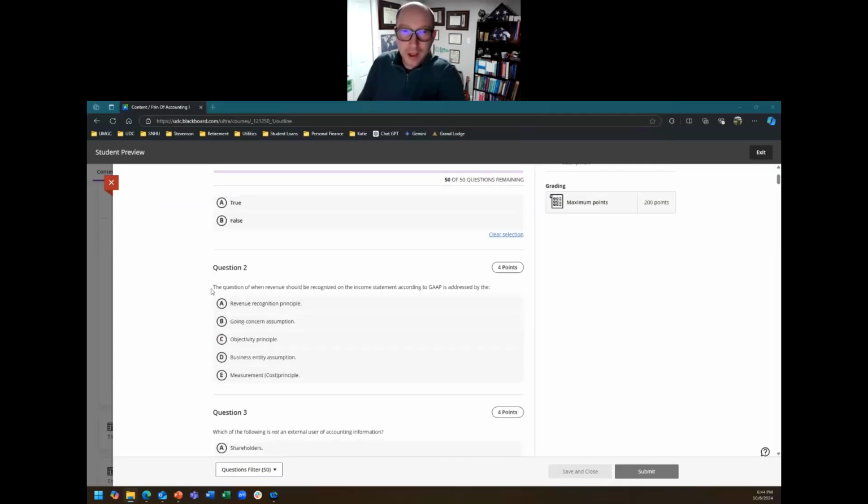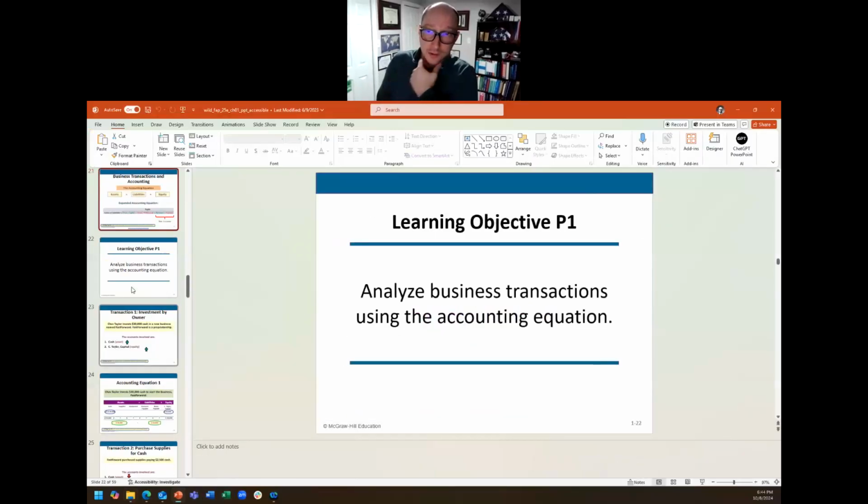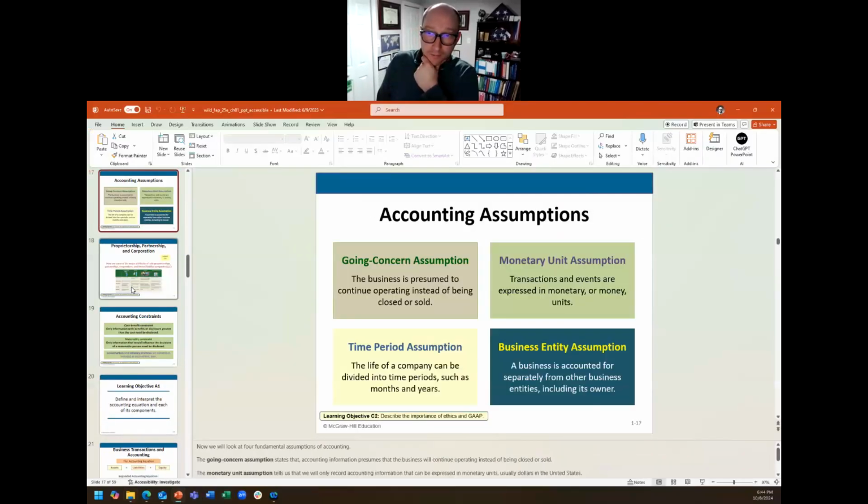Yep. Question 2. The question of when revenue should be recognized on the income statement according to GAAP is addressed by the, well, look at that. Interesting. Again, chapter 1.